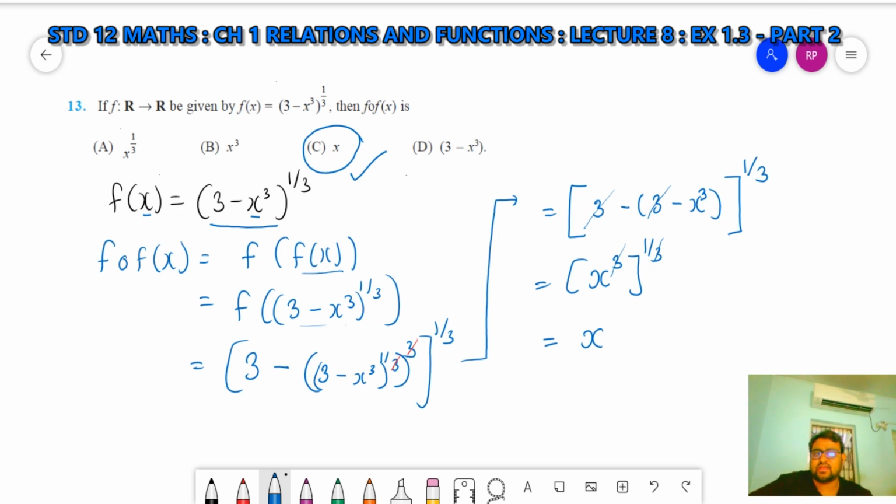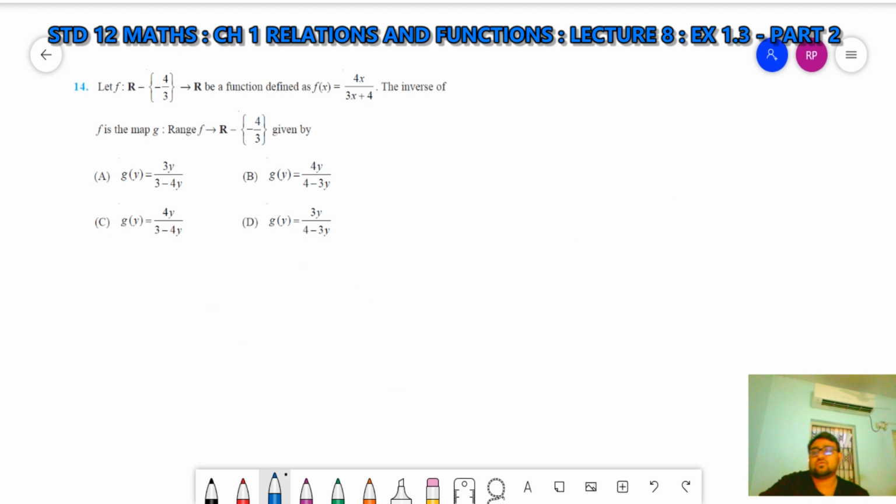Okay, now let's move to the next. That is question number 14, which is the last for this exercise. Let f from R minus {minus 4 by 3} to R be a function defined as f(x) equal to 4x upon 3x plus 4.